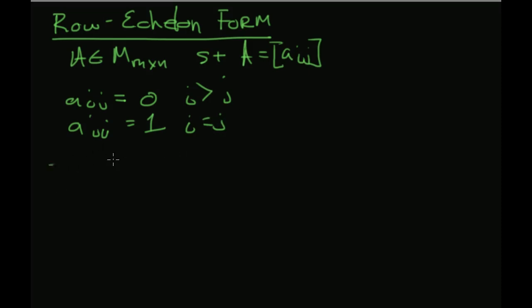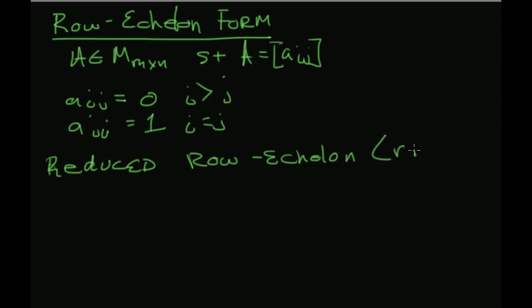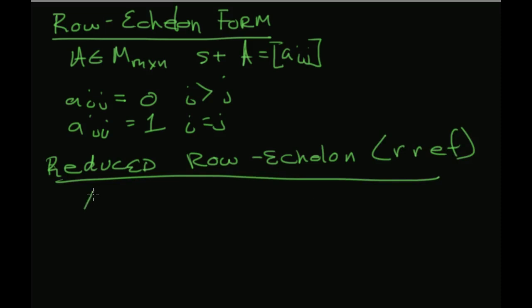Okay, so what I'm going to do here is be a little bit clever. I can get a reduced row echelon matrix, also known as RREF. So this is also an m by n matrix such that A is Aij.